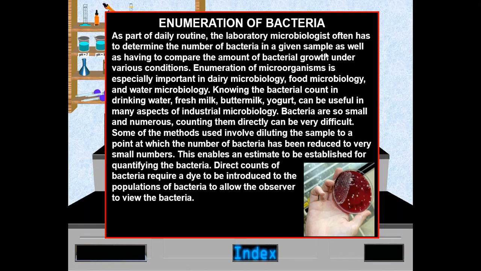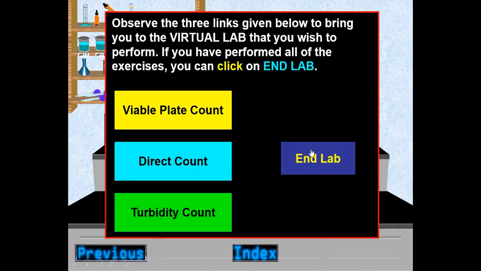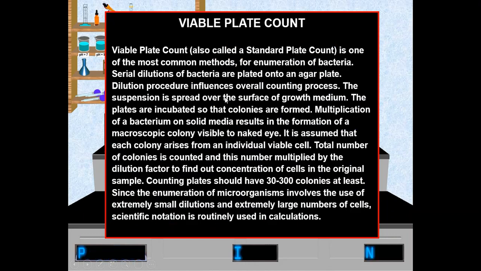Direct counts of bacteria require a dye to be introduced to the population of bacteria to allow the observer to view the bacteria. Next. So for today, I want to show you how I perform the viable plate count method.